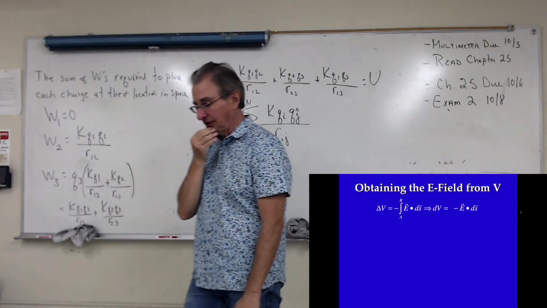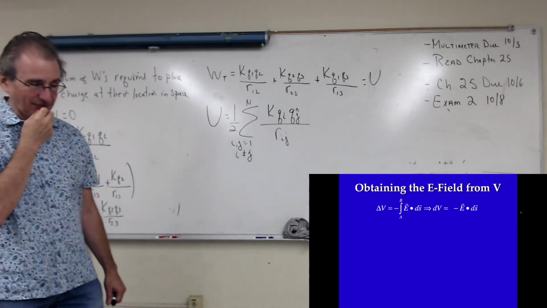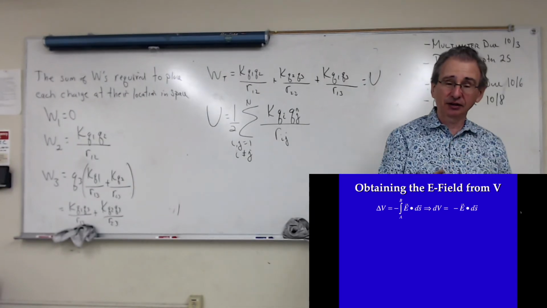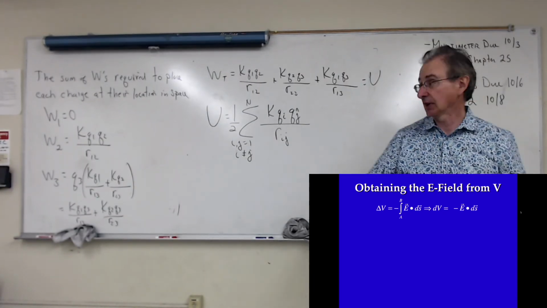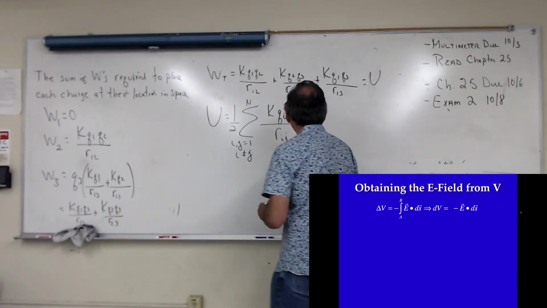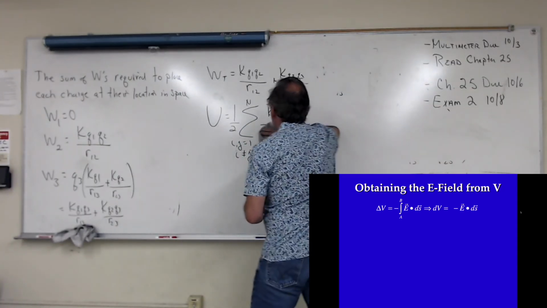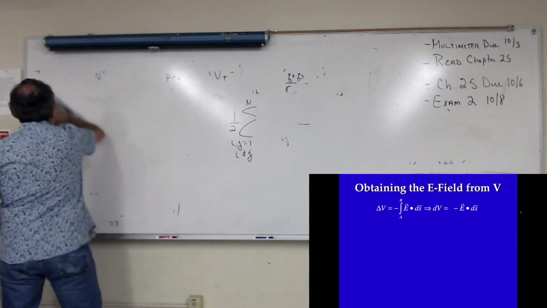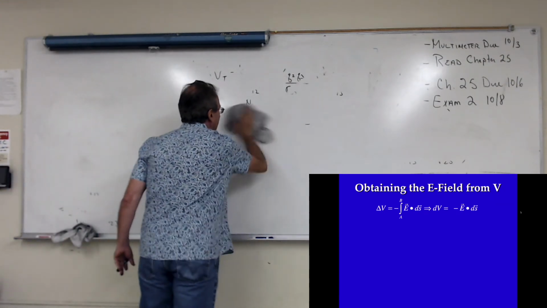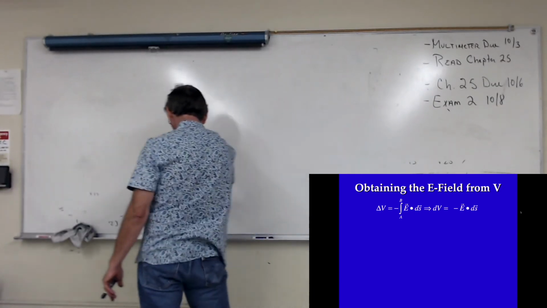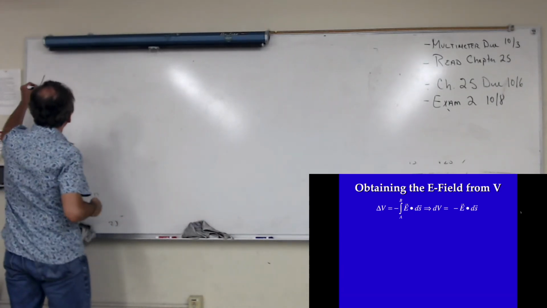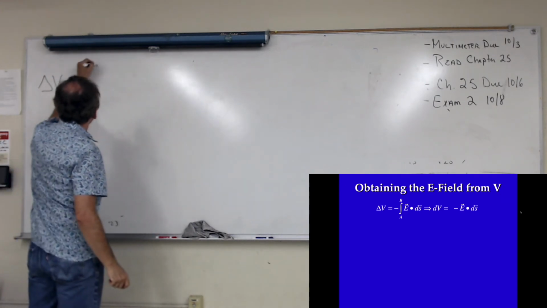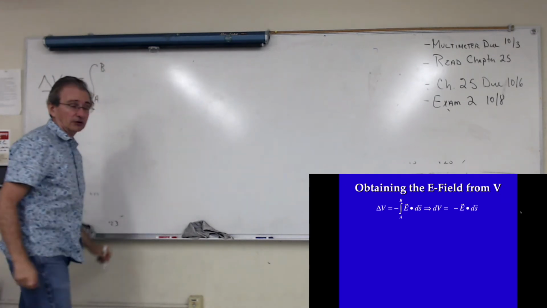Now that we've talked about some general ideas regarding electric potential, we can also obtain the electric field from knowing phi. Let's go back and look at how we came up with phi. We define delta V as minus the integral of the electric field over a path.